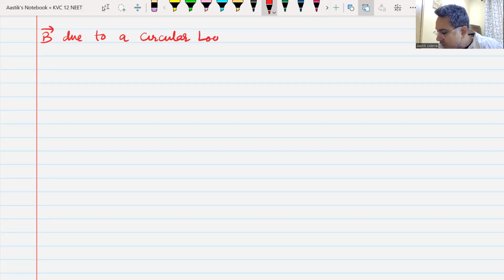Magnetic field due to a circular loop. We'll just look at a circular loop. This is a complete circle.